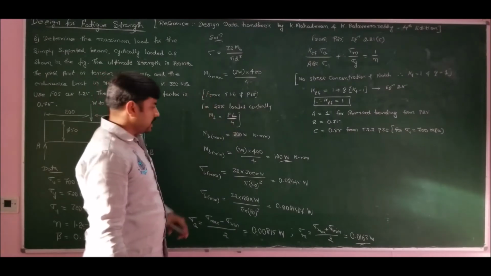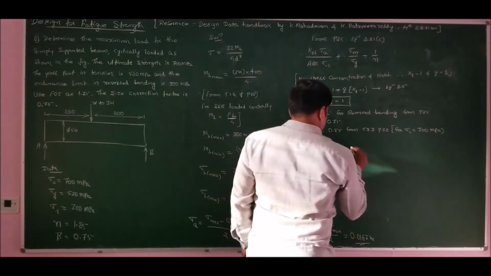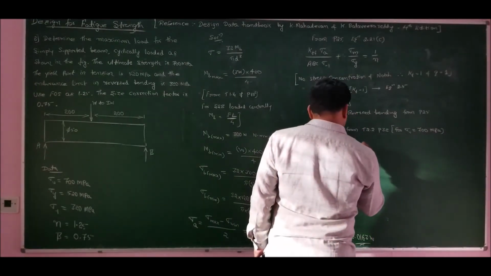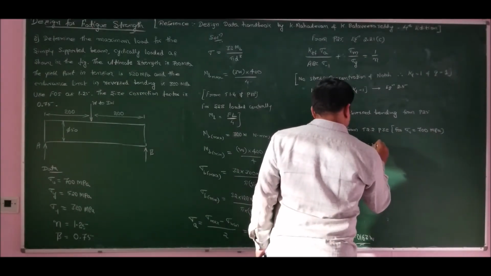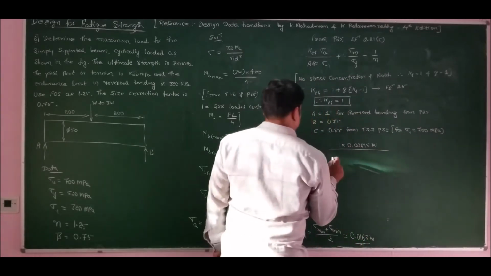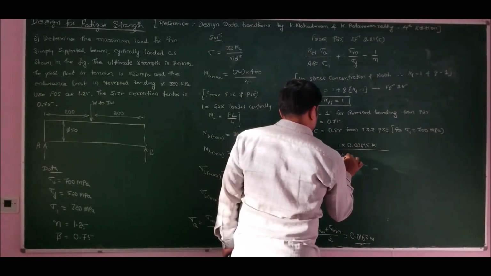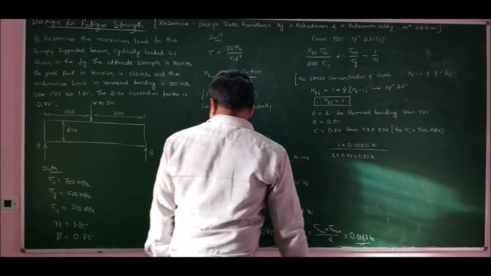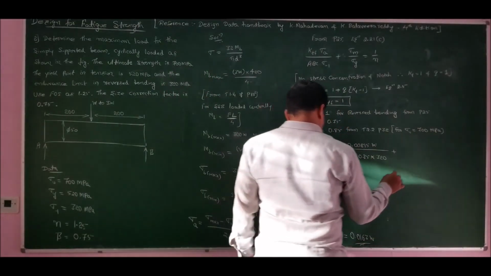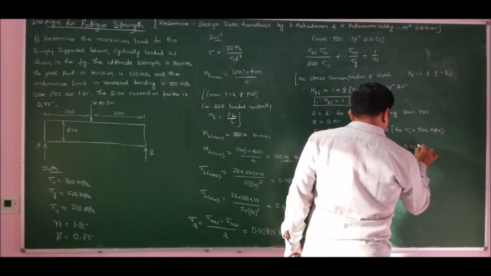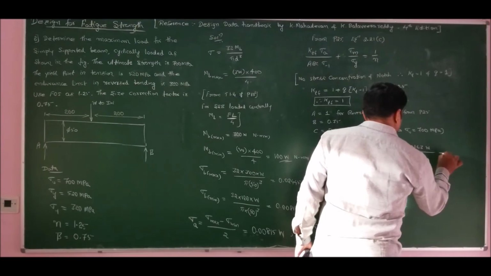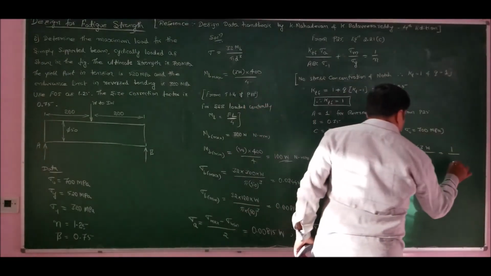Now if I substitute and solve, I get the value of W as, so KTF is 1, sigma A is 0.00815 times W, which is unknown, whole divided by factor A is 1, factor B is 0.75, factor C is 0.85 into endurance stress is 320 plus sigma mean is 0.0163 times W divided by yield stress, sigma yield is 520, which is equal to 1 by factor of safety is 1.25.